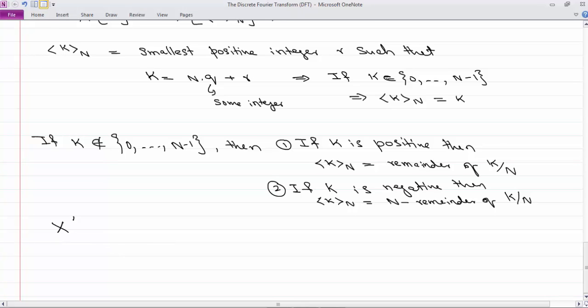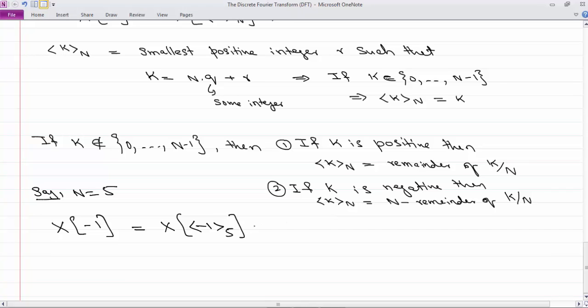So if you were to, for example, calculate x of minus 1, so minus 1 is not in the range 0 to n minus 1. Let's say n equals 5. So that is minus 1 mod 5.